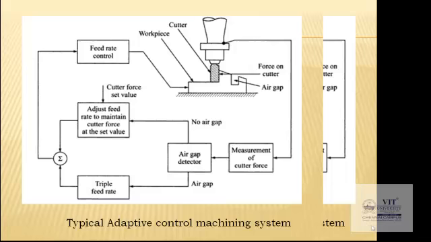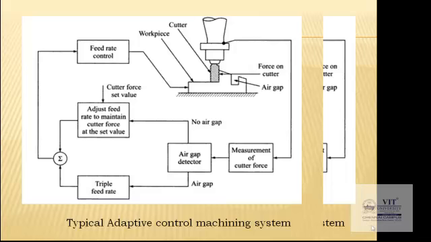Here it is given as cutter speed, feed, and also the air gap. Everything is detected using this technique. This is a comparator control. The signals obtained through sensors, measuring force, torque and speed, the rotary transducer, and the linear information from the transducers, are all given to the comparator.